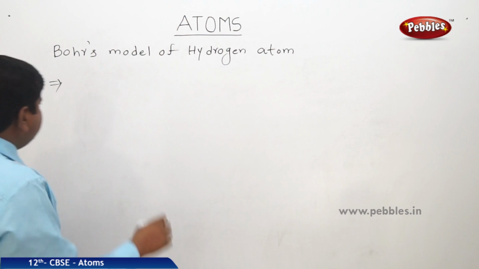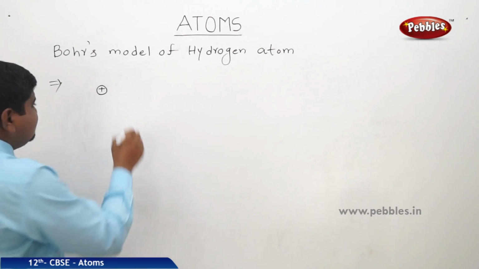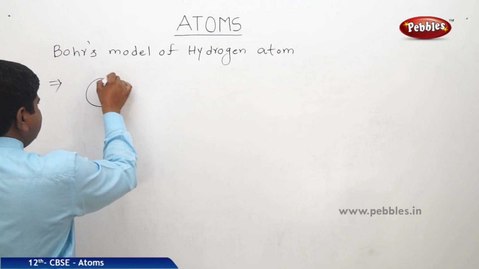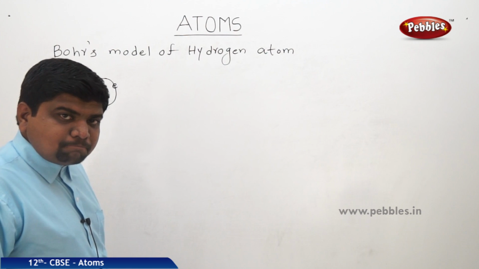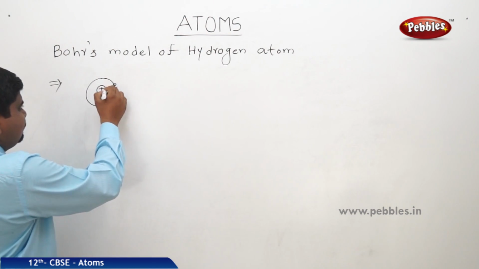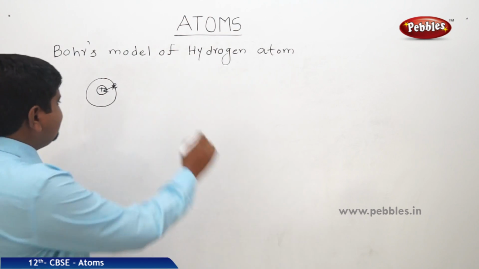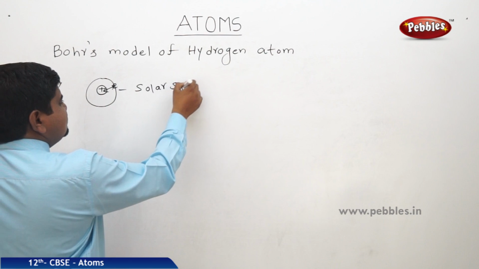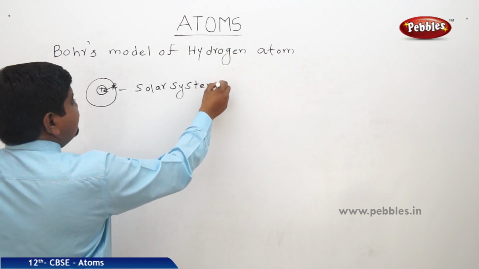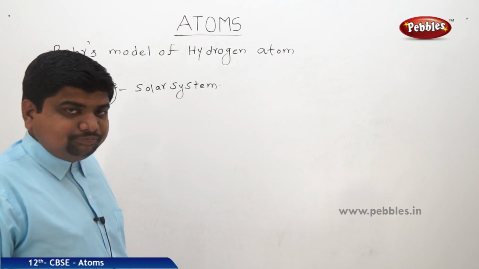Actually, in Rutherford's model, the nucleus contains positive charge, so electrons are stable around the nucleus, and this structure is similar to the solar system. These are all the views and expressions of Rutherford about his atomic structure model.